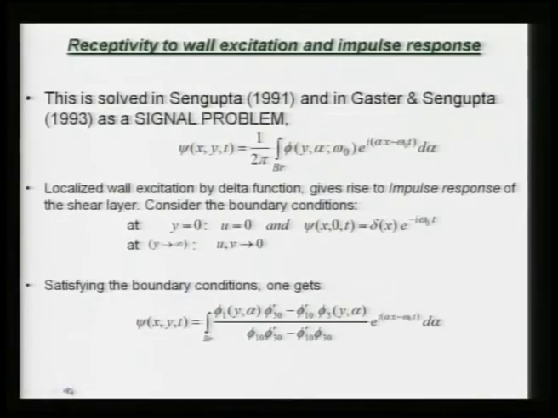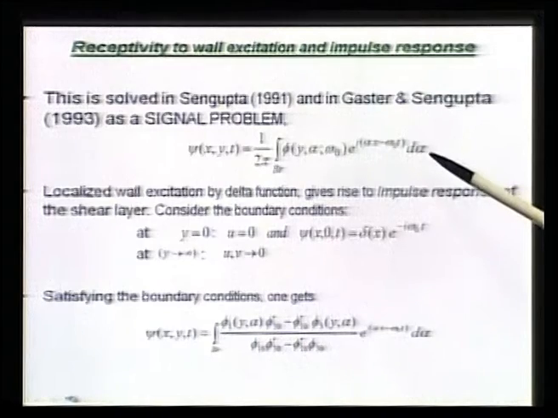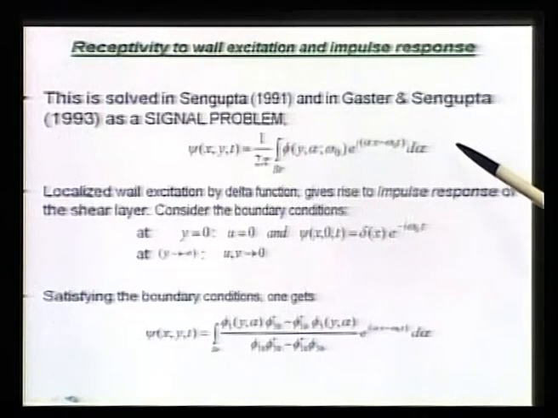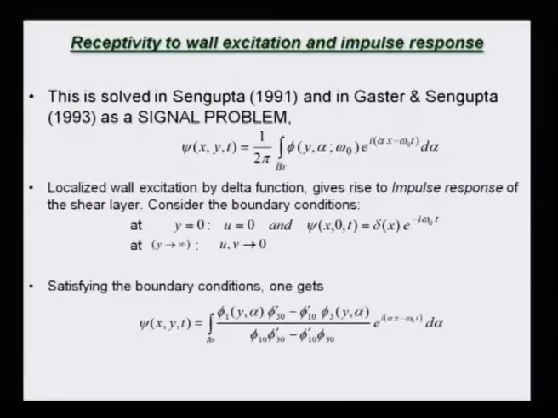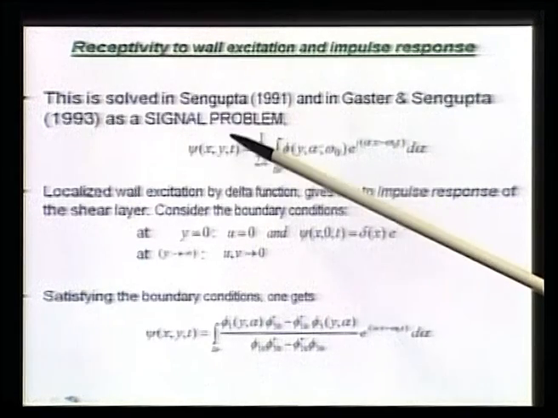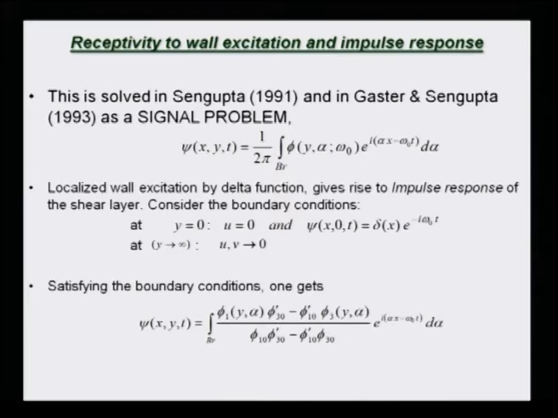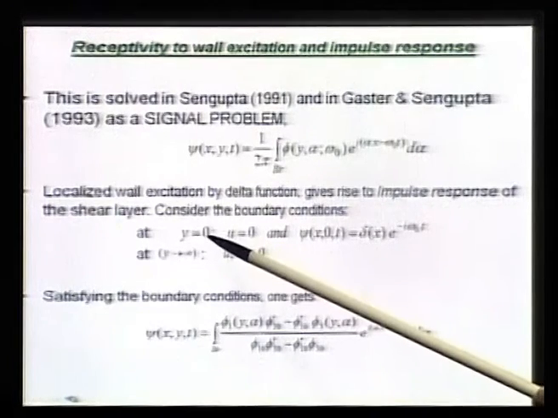Instead of this signal problem, we may actually like to keep omega, and then perform a second integral in the omega plane also. However, for the sake of understanding what happens in the receptivity problem, let us assume that we are talking about a signal problem. And this is the type of our boundary condition.